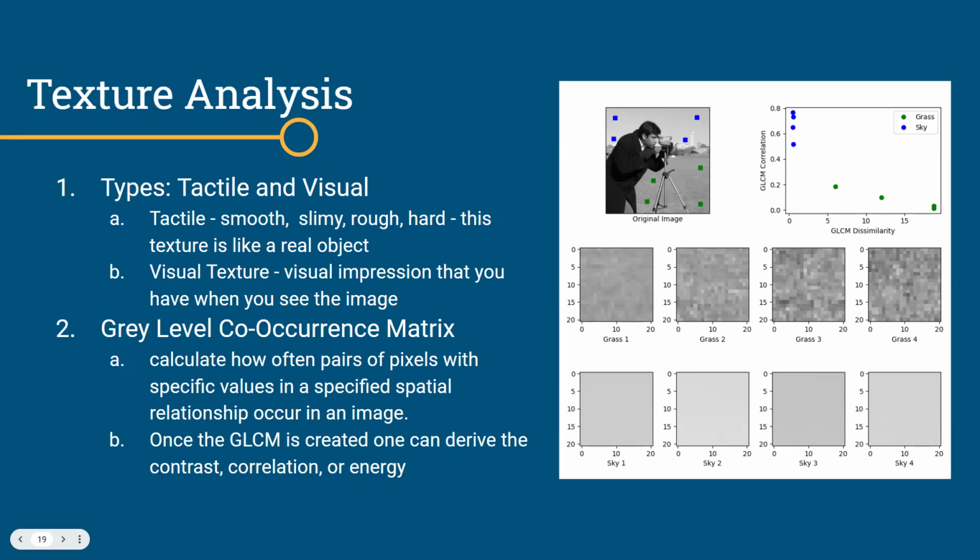What if this looked rough, but it was actually smooth, right? That's what we want our computer to figure out. How are we going to do that? We're going to use something called a gray level co-occurrence matrix. Pretty much, we're saying, this looks kind of rough, and we see that the whole way, so it must be rough. Or if it looks smooth here, we compare it with the rest of the image.